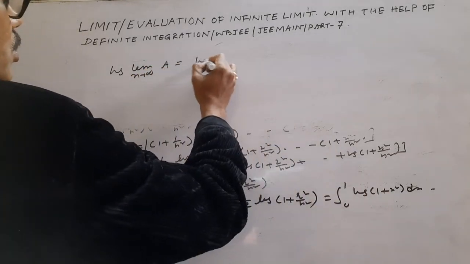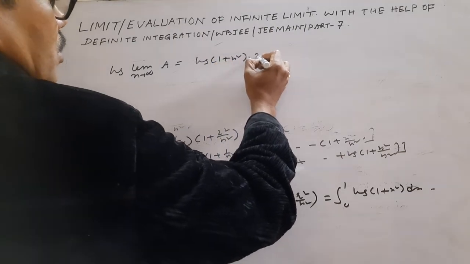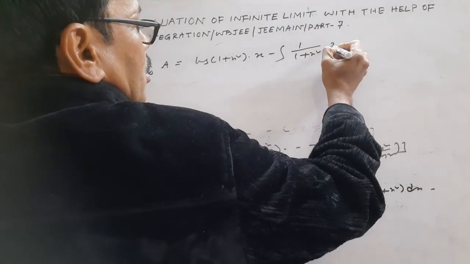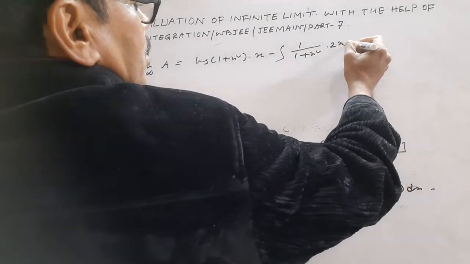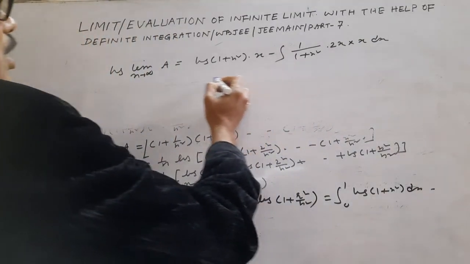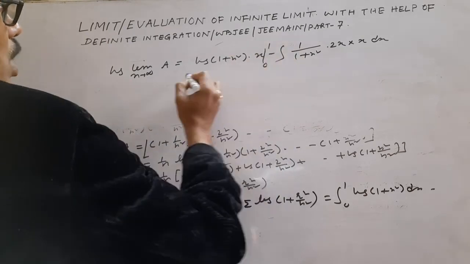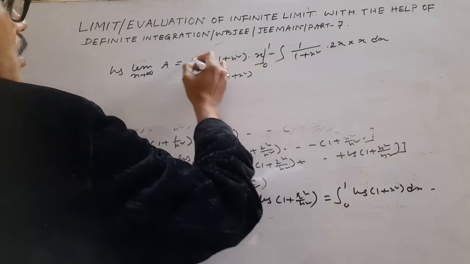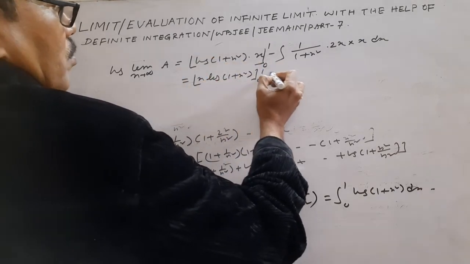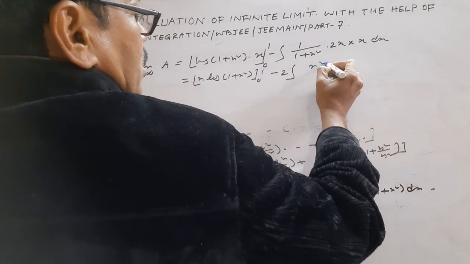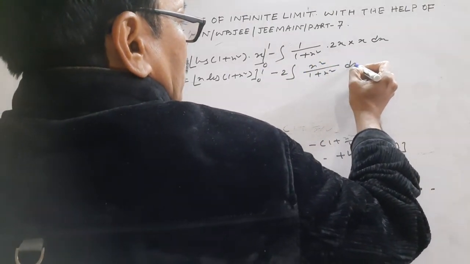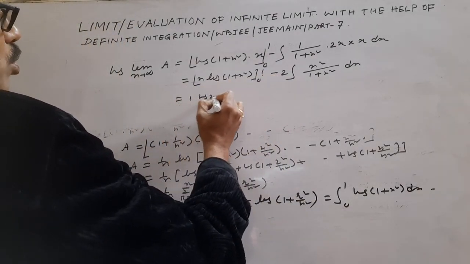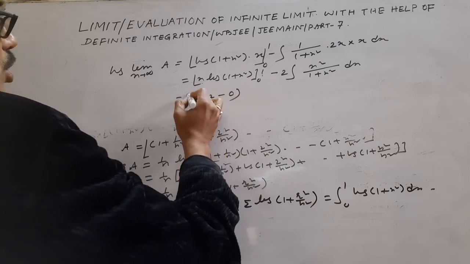So by parts, log 1 plus x square into x minus the derivative of 1 plus x square, which is 2x, and this is again x dx. So this is from 0 to 1, x log 1 plus x square, minus 2 times the integral of x square by 1 plus x square dx. If we put 1, we get 1 into log 2, and if we put 0, this is 0.